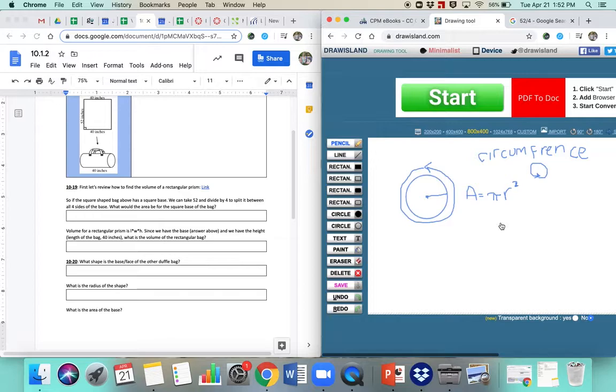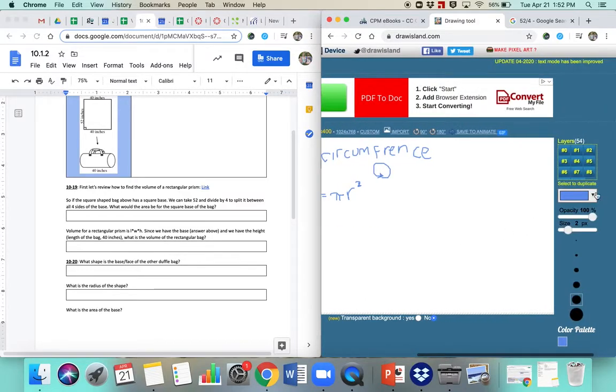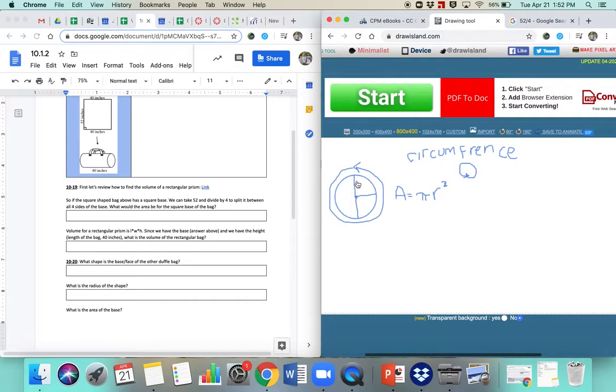So now we're taking a look at this shape. So circumference is all the way around. If I were to split it right down the middle, that would be my diameter, because if you see, it kind of makes a D. So half of this shape is diameter.